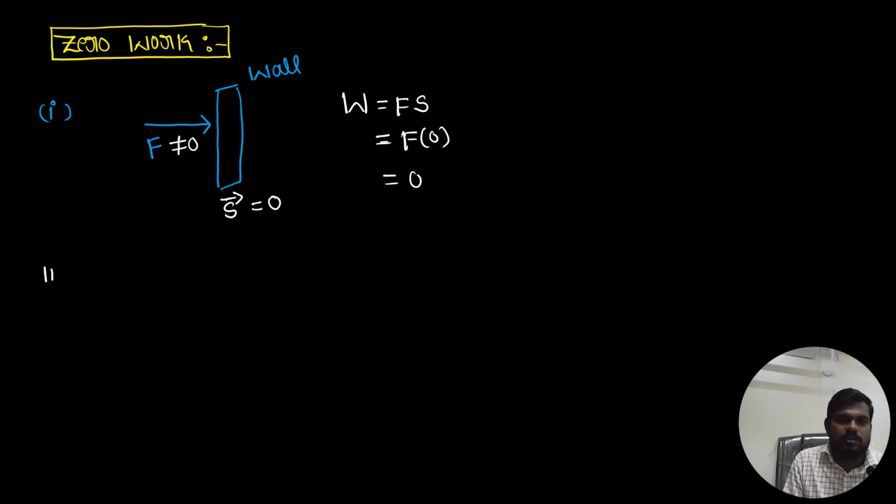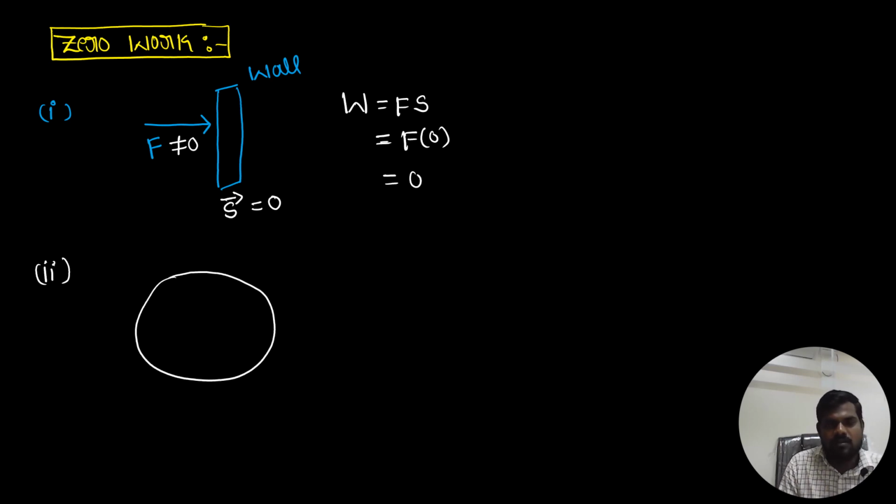Second example: I will take one circular body. Now this is the center. Now I am taking one centripetal force. Centripetal force always acts toward the center. This is the centripetal force Fc, and the displacement is always tangential.